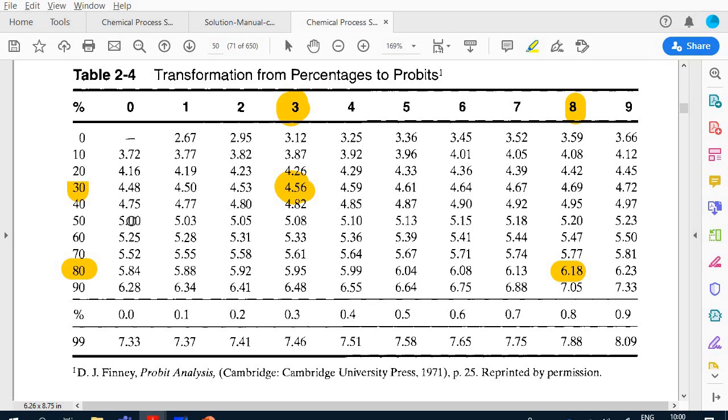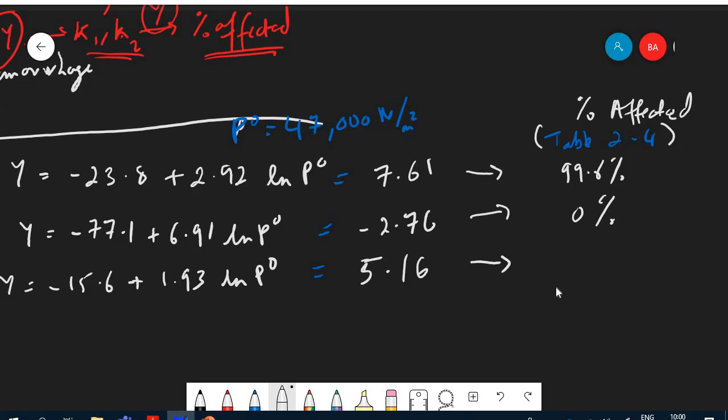It will be something in between these two, 5.15, which is close to 5.16, which is 56. Okay, great. So here it will be 56%.